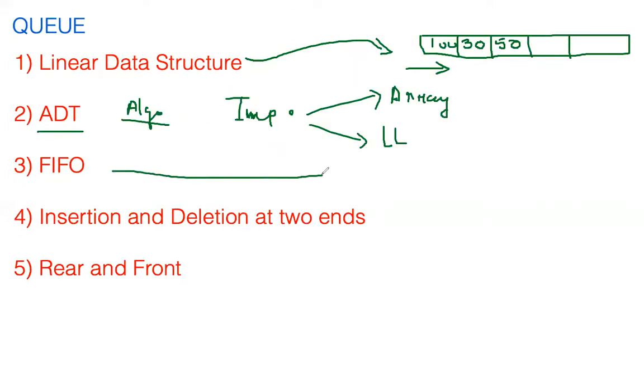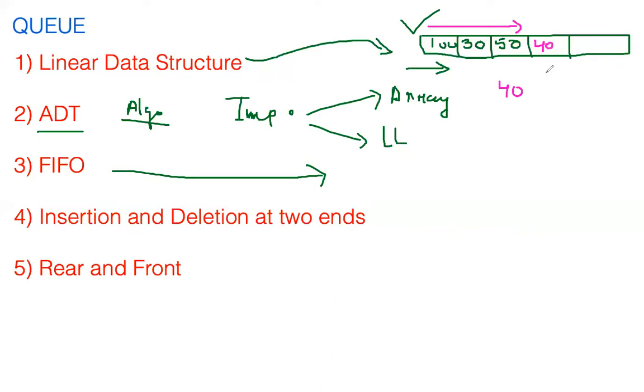The third property is that it is known as a FIFO. Let us look at this example. Suppose I want to insert a new element, 40. Where will it be inserted? It will be inserted after 50. Till this place it is occupied, so the next empty place is this, and 40 will be inserted here.